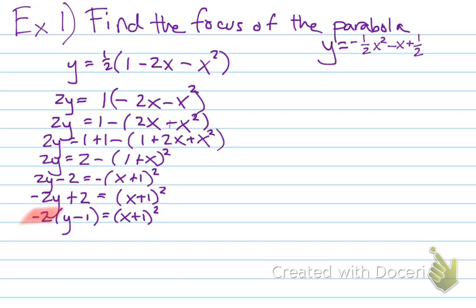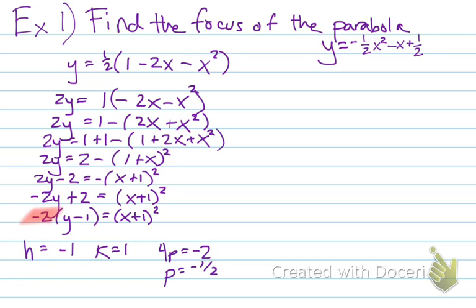So you can conclude that h is equal to negative 1, because the formula says x minus h, so minus would make that a negative 1. K is equal to 1, and 4p is equal to negative 2, which means that p is equal to negative 2 over 4, which is negative 1/2.